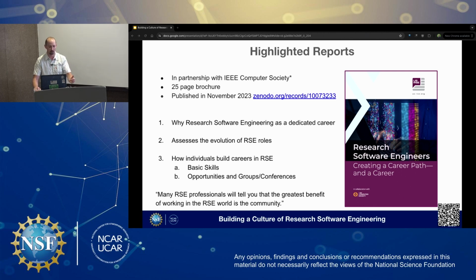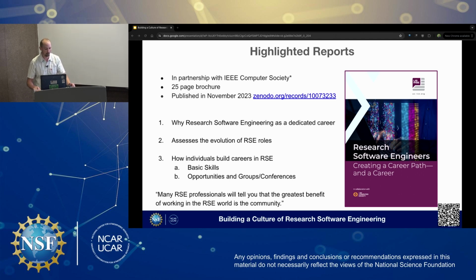as well as identifying how individuals build careers in RSCs. So what basic skills should you acquire, using GitHub version control, for example, and emphasizing those skills as being priority, or not as priority, but still putting that on a list for folks to keep in mind as they're going through school or programs or wanting to transition from a domain science to RSCs, and they want to figure out what exactly they might need to develop more of.